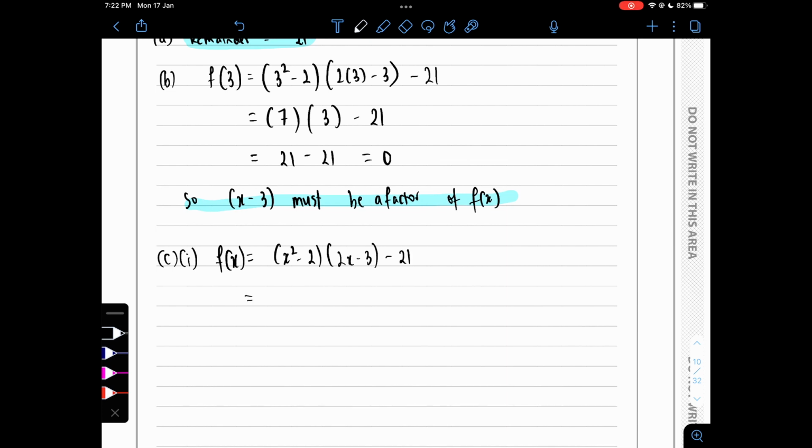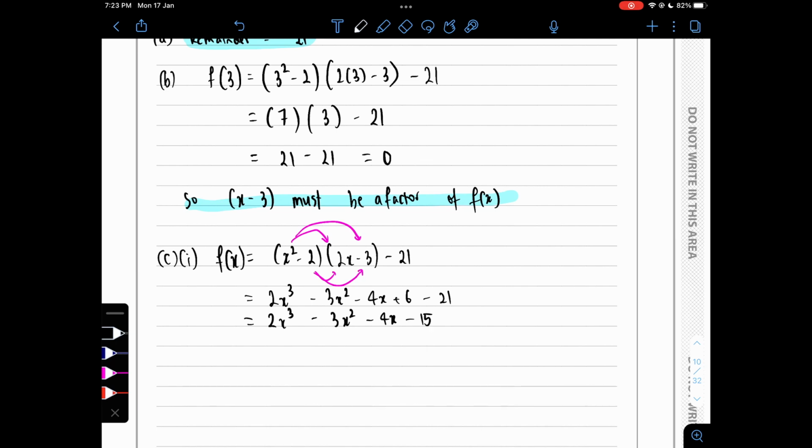So x squared times 2x is 2x cubed, then minus 3x squared minus 4x plus 6 minus 21. This can be simplified to 2x cubed minus 3x squared minus 4x, and 6 minus 21 is minus 15.